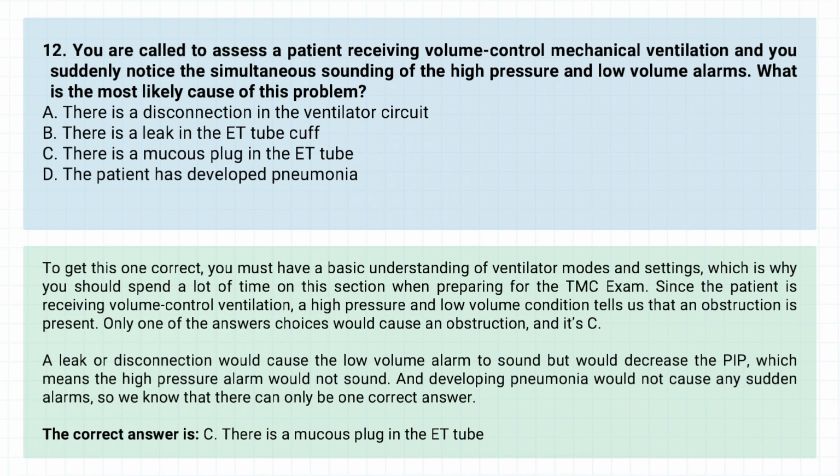Only one of the answer choices would cause an obstruction, and it's a mucus plug in the ET tube. A leak or disconnection would cause the low volume alarm to sound but would decrease the PIP, which means the high pressure alarm would not sound. And developing pneumonia would not cause any sudden alarms. So we know that there can only be one correct answer, and it's C. There's a mucus plug in the ET tube.